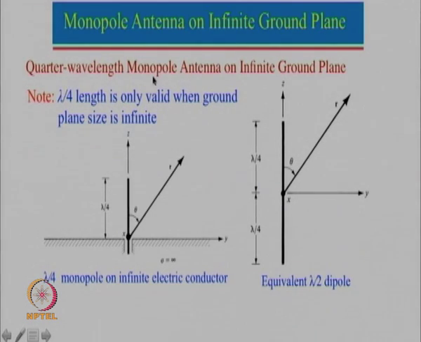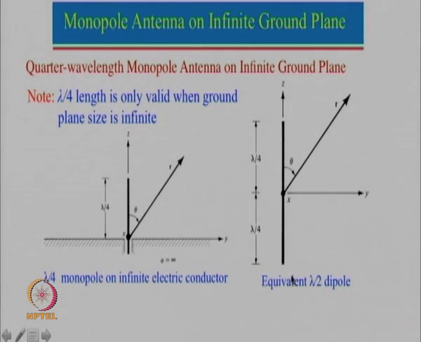For a monopole it will be a quarter wavelength, and I want to emphasize that lambda by 4 length is only valid when the ground plane size is infinite. Finite ground plane length is never equal to lambda by 4, but in general it is slightly more than lambda by 4.